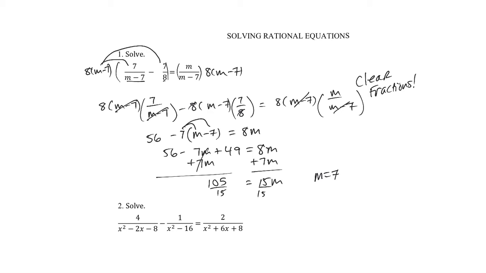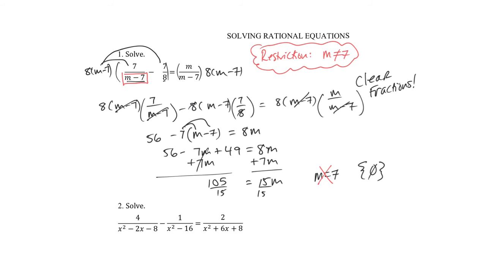However, if we look at what the domain restrictions would be, the restriction is that m actually cannot equal 7. So this is not a true solution, and so our actual solution is no solution, the null set.